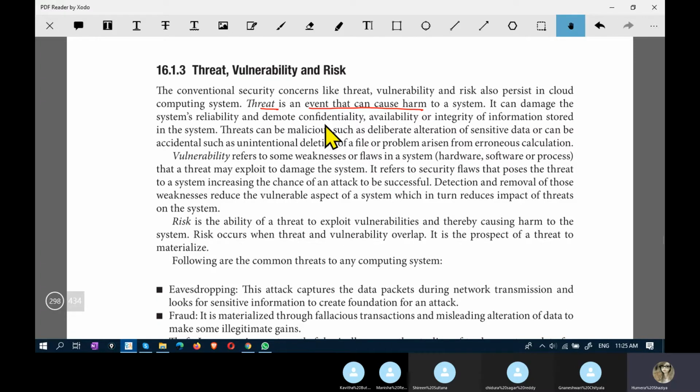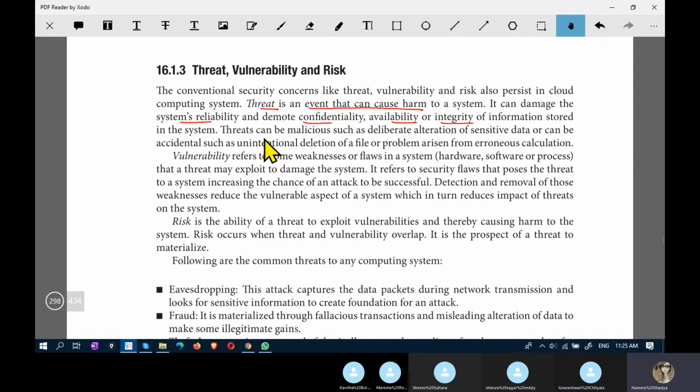All right. So what does a threat do? A threat damages the system's reliability. You don't trust the system if damages occur to it, and the confidentiality, availability or integrity of information is also demoted.